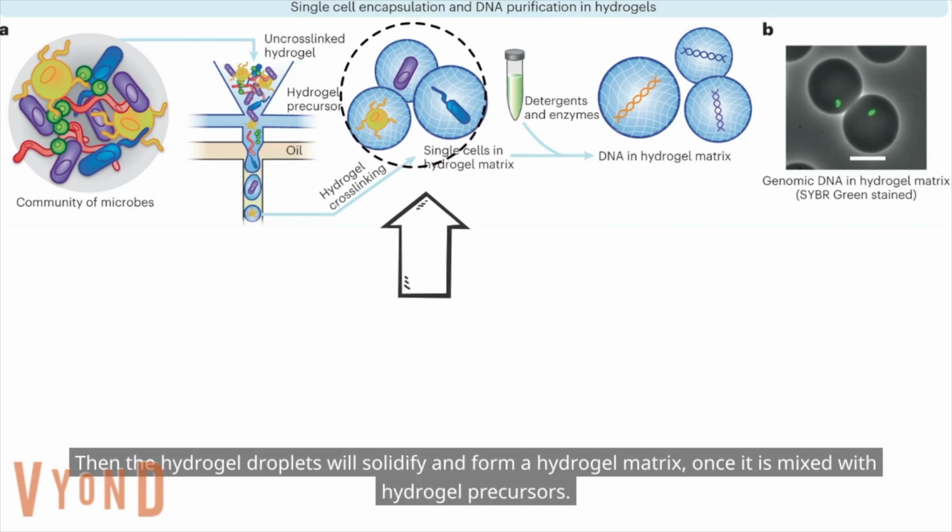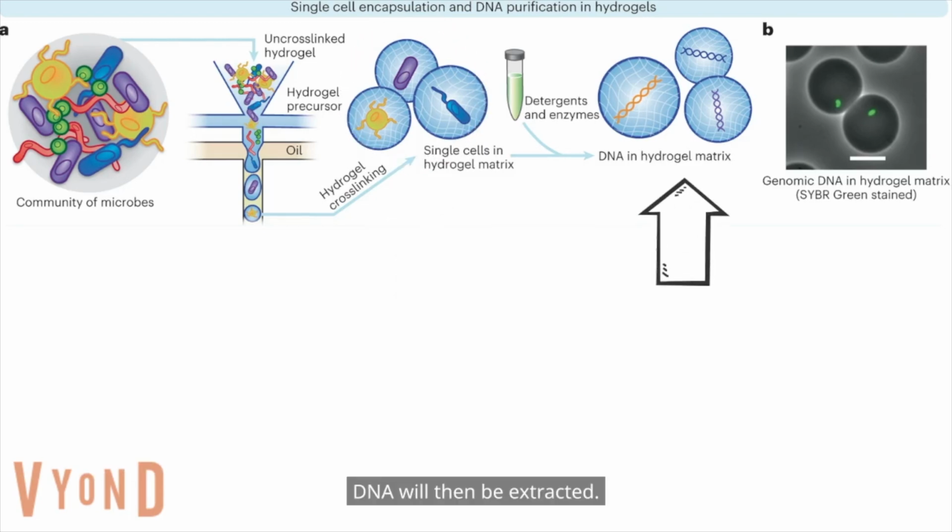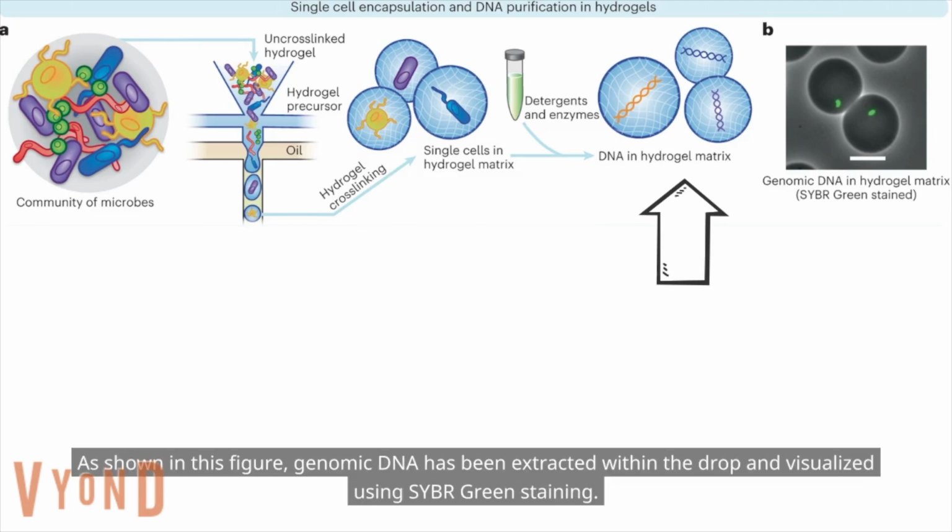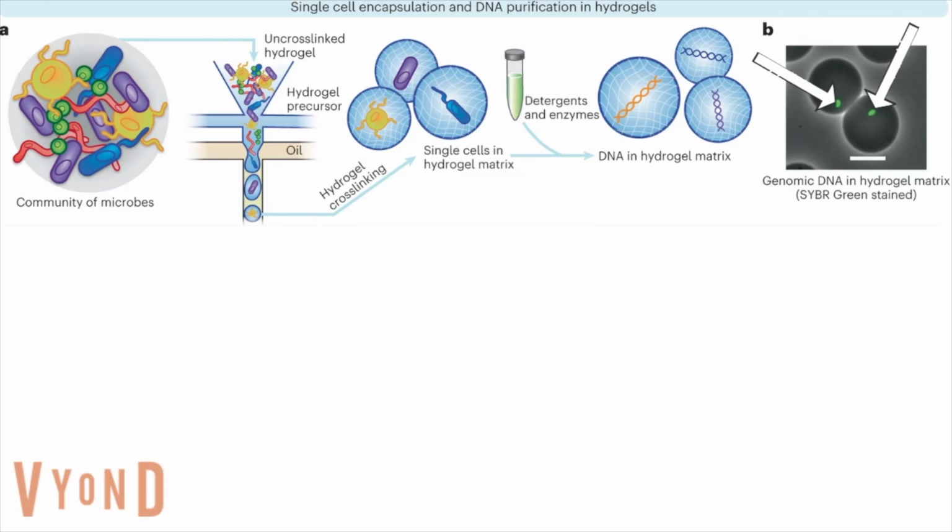Then the hydrogel droplets will solidify and form a hydrogel matrix once mixed with hydrogel precursors. DNA will then be extracted. As shown in this figure, genomic DNA has been extracted within the drop and visualized using SYBR green staining.